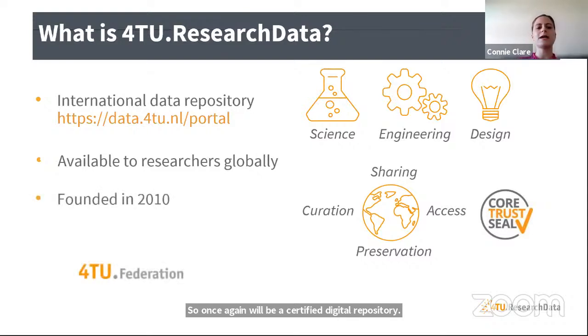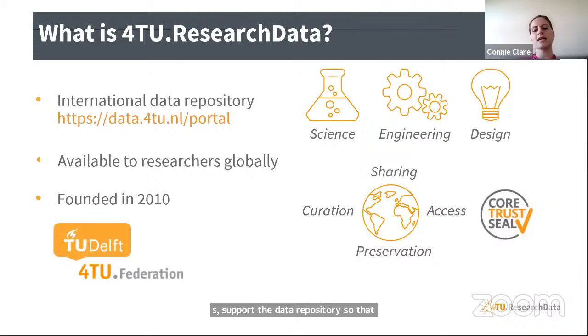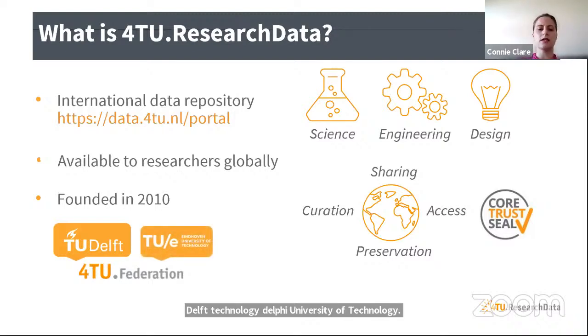And the repository was founded over a decade ago now, back in 2010, as part of the 4TU Federation. So 4TU stands for 4 technical universities, and 3 of those technical universities in the Netherlands support the data repository. So that includes Delft University of Technology, Eindhoven University of Technology, and also the University of Twente.